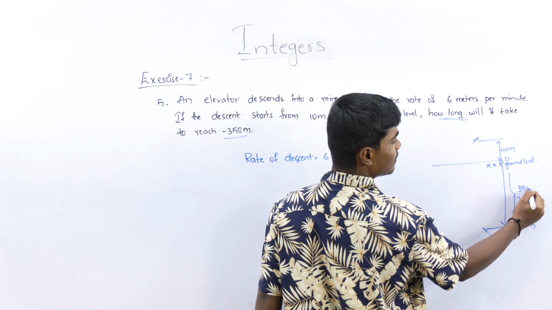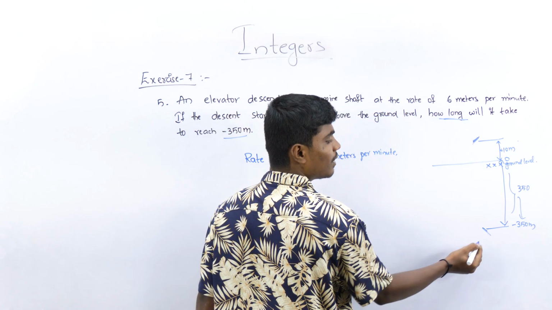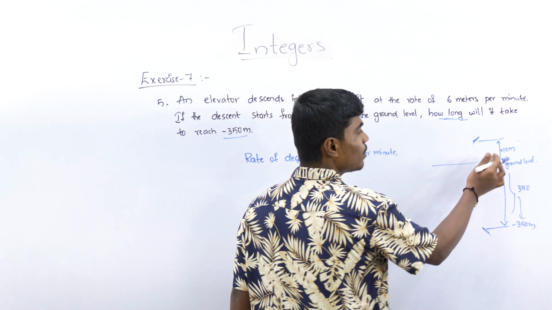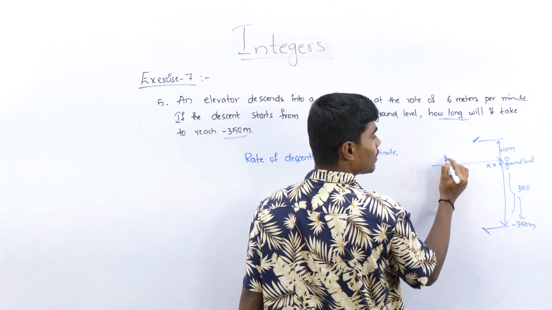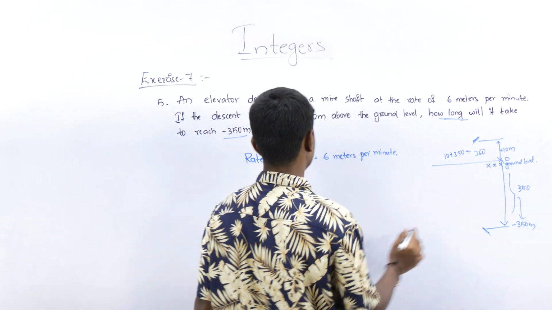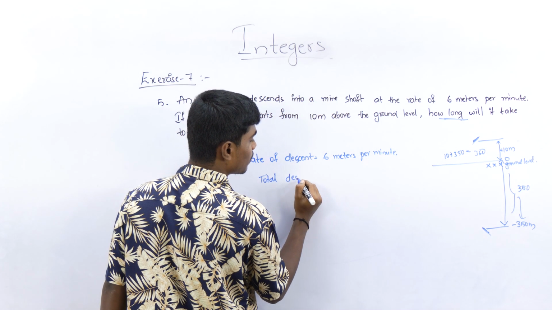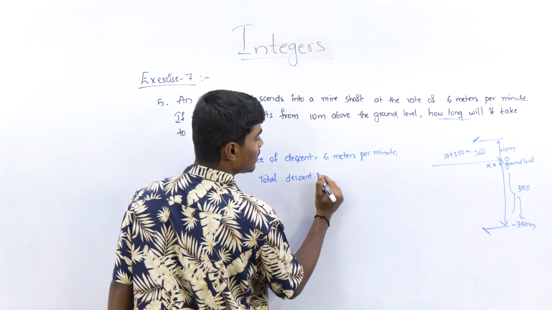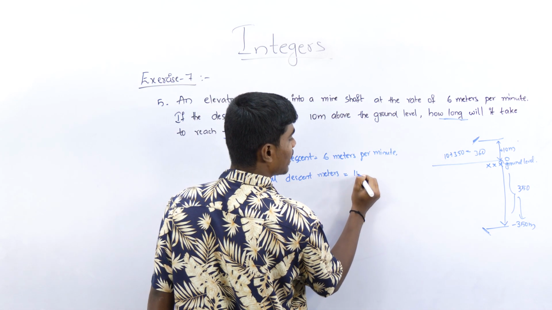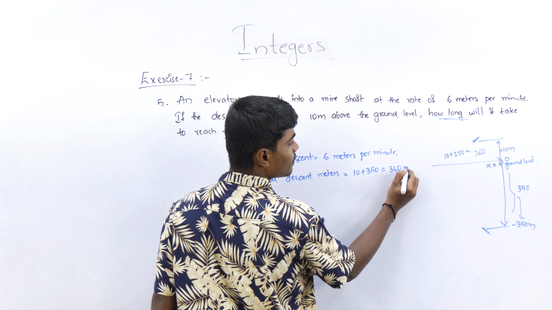So total distance it should travel is 10 plus 350 is equals to 360. Total descent meters is equals to 360 meters.